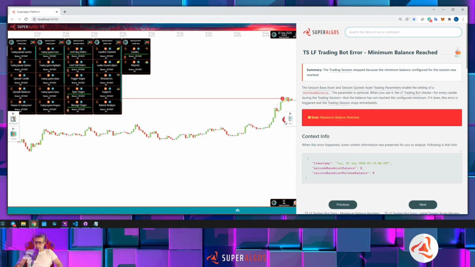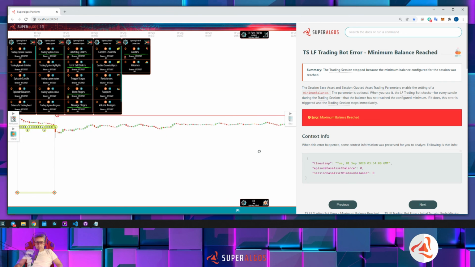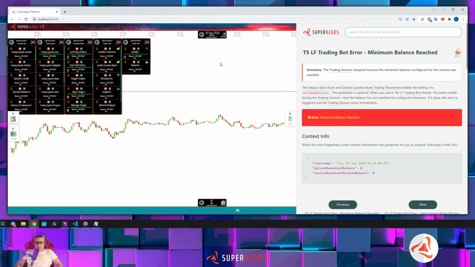And we have a maximum balance reach. What is this? Okay, so we are a little bit better than before.